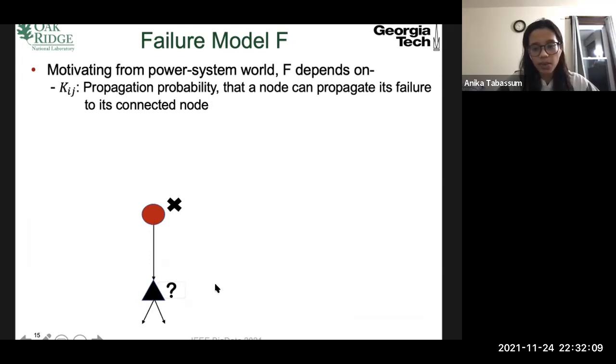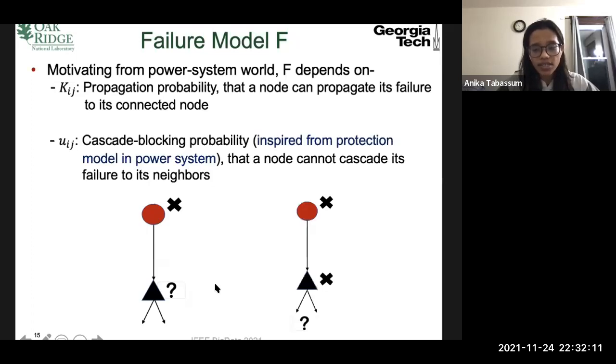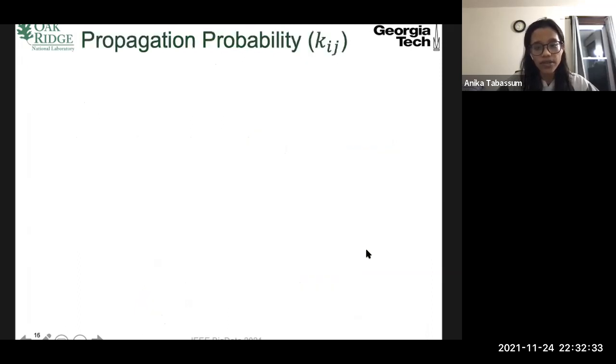The other is cascade blocking probability: a node that cannot cascade its failure to its neighbors even if it fails, like the node in black.